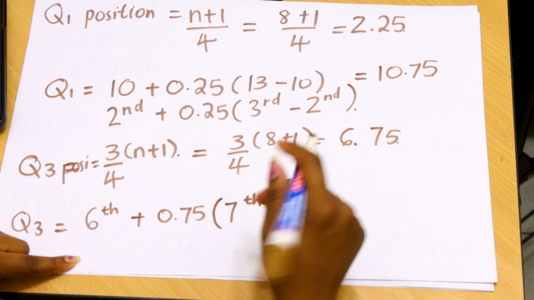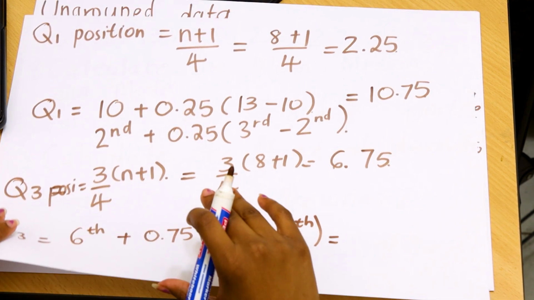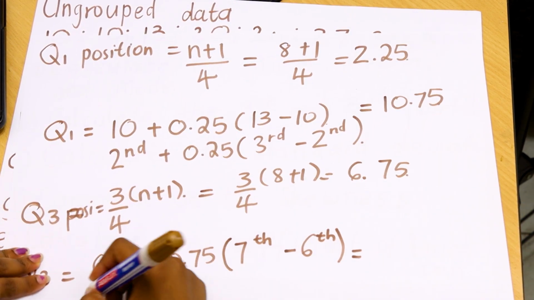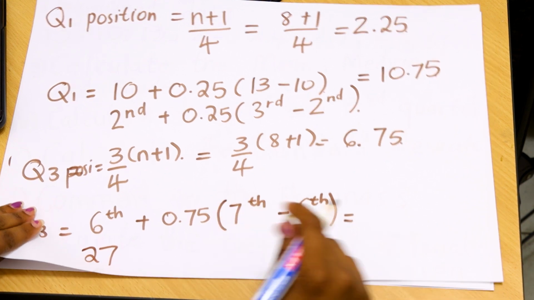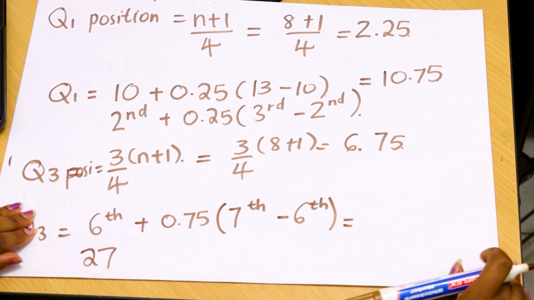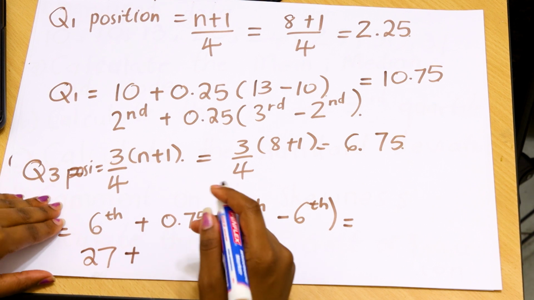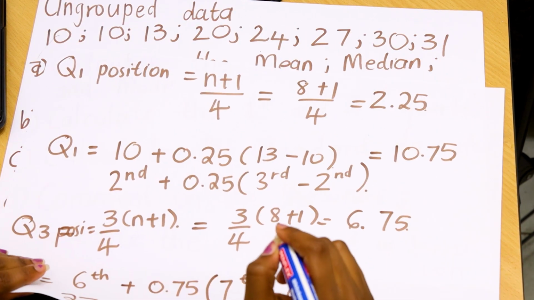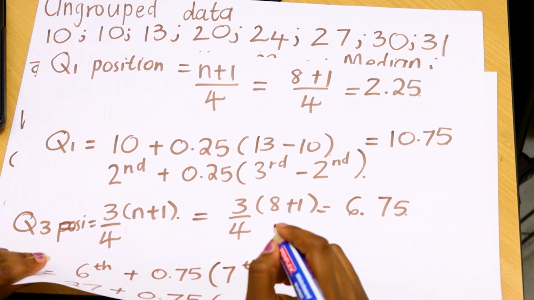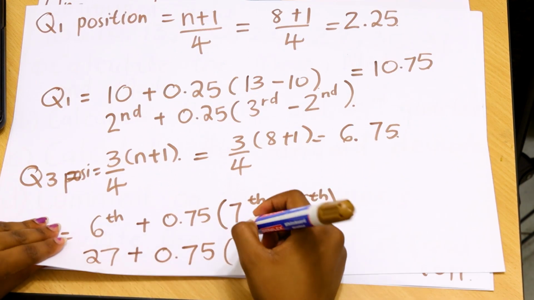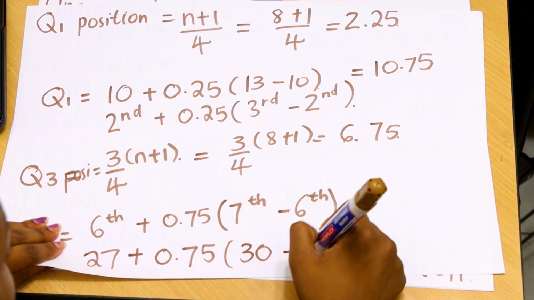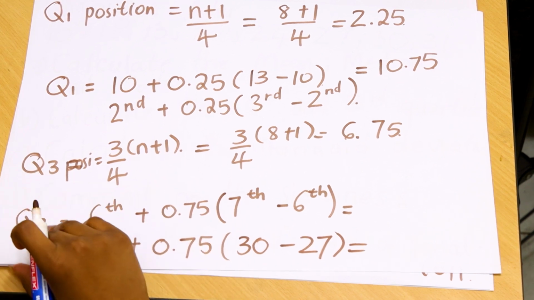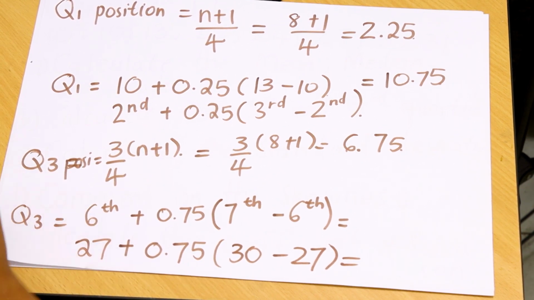So on the 6th position, what do we have? We have 27. So it's going to be 27 plus 0.75 multiplied by 30 minus 27.